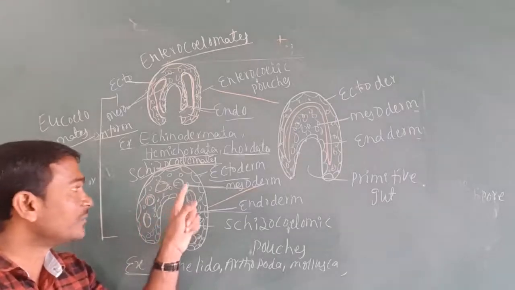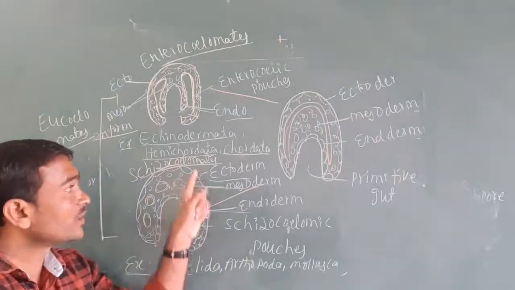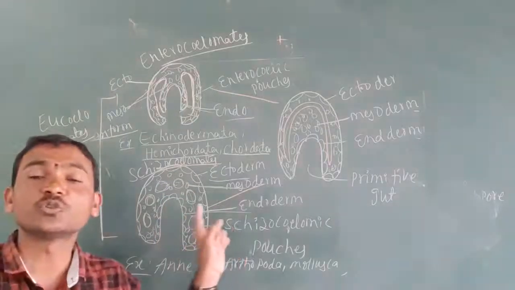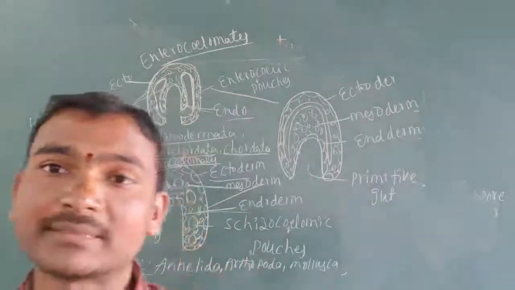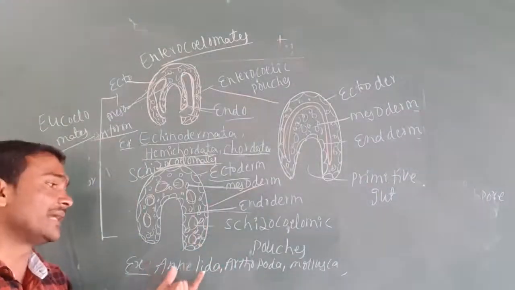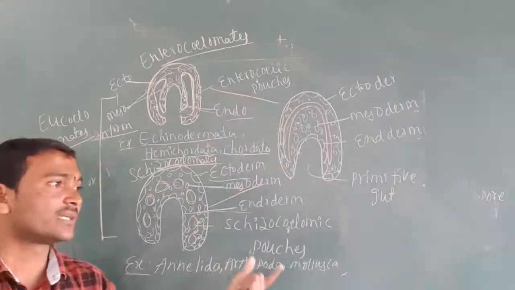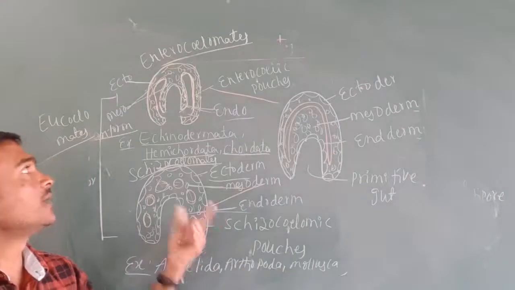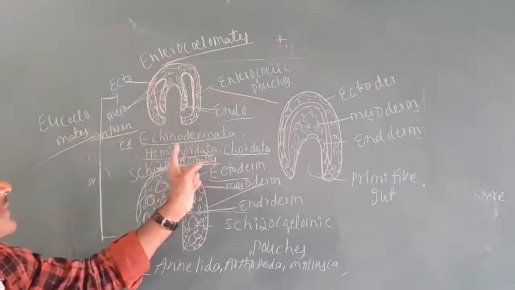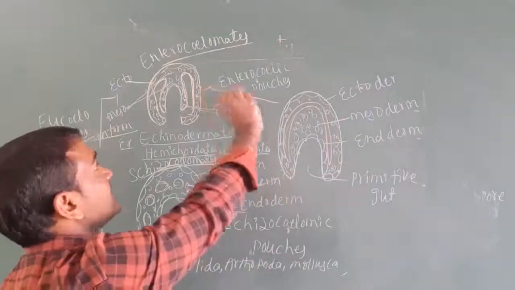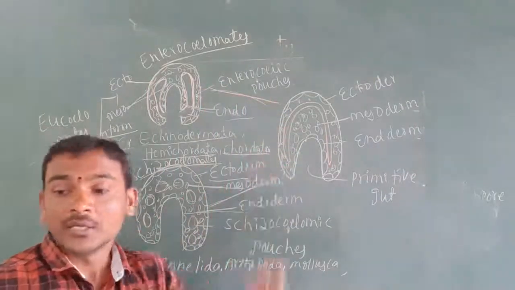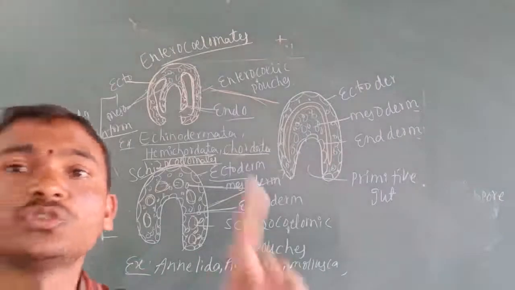Either side is lined by the mesoderm. Schizocoelomates are also called eucoelomates. Examples of schizocoelomates: Annelida, Arthropoda, and Mollusca show the schizocoelomic condition. And enterocoelomates are Echinodermata, Hemichordata, and Chordata. This is about the eucoelomate or the true coelomates.